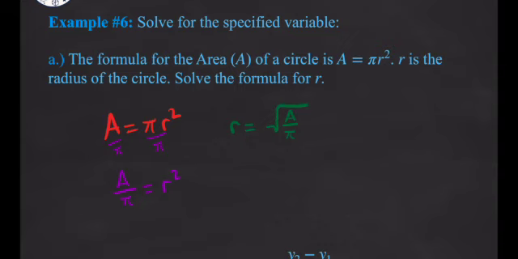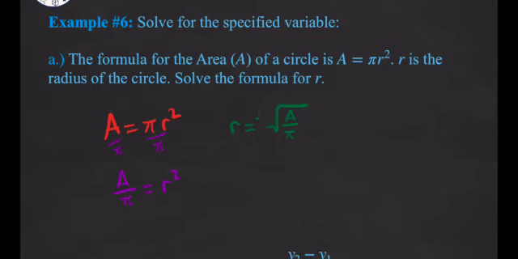By the way, technically, this would be the positive or negative version of this. Anytime you take a square root, whenever you're solving an equation, it's a plus or minus. However, in this situation, we're looking at area. Does it make sense for our radius to have a negative distance? No, it would not make sense, so we do not have to put in the plus or minus.